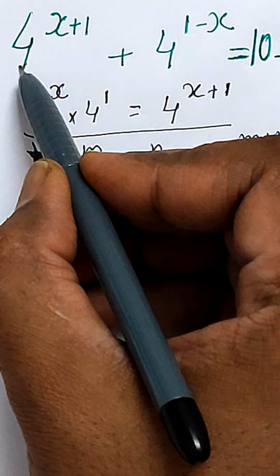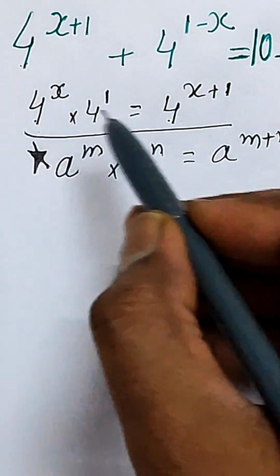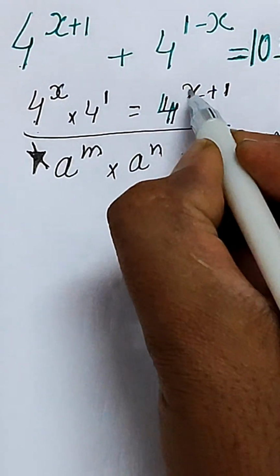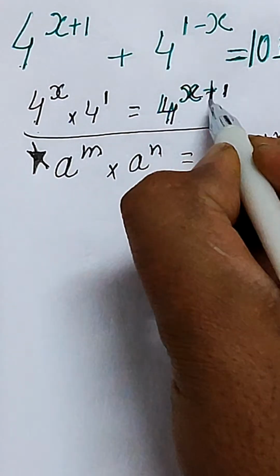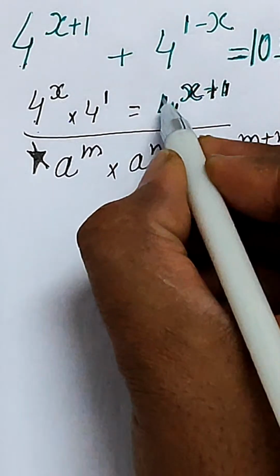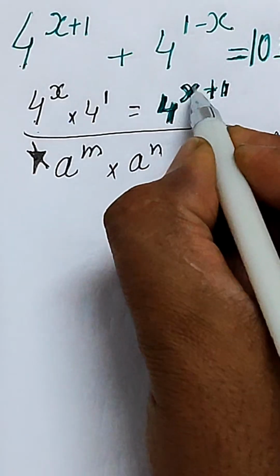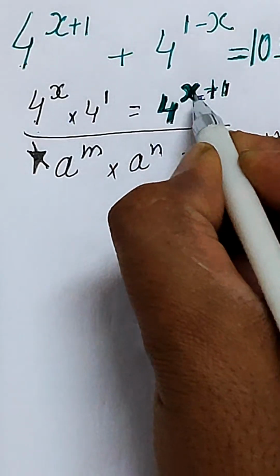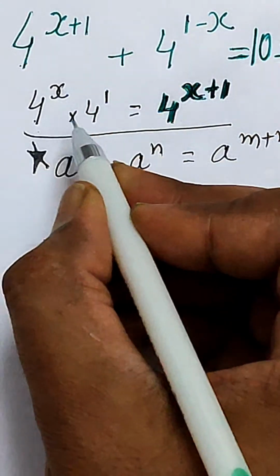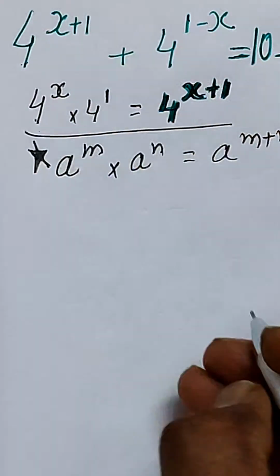This was the first term, 4 power x plus 1, and it is written as 4 power x into 4 power 1.